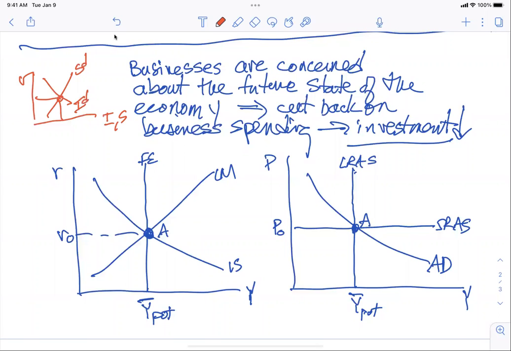And then I would shift the investment desired curve to the left. That's exactly right. And that would create a new real interest rate that's lower than the previous one.